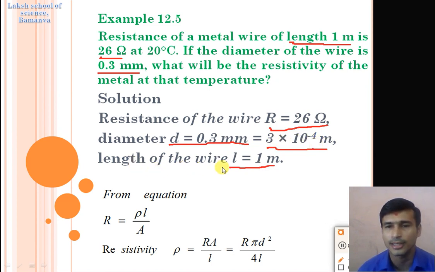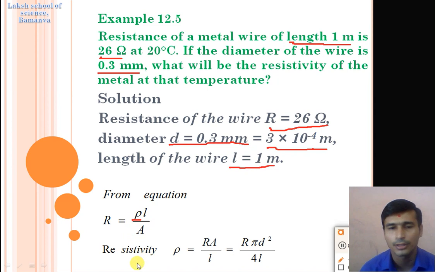Length of the metallic wire L is equal to 1 meter. So we know that the resistance of the conductor depends on the length and the cross-section area. So from this we get the equation of resistance, R is equal to rho L divided by A, where rho is the resistivity of the metal wire.